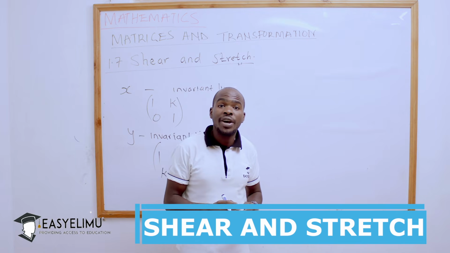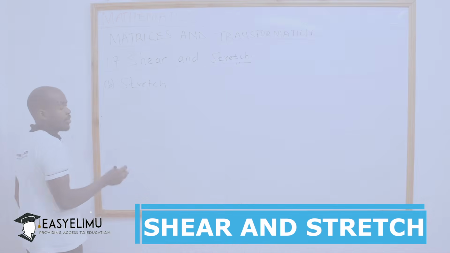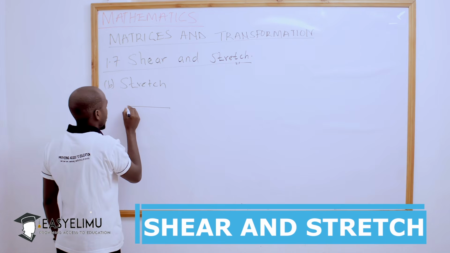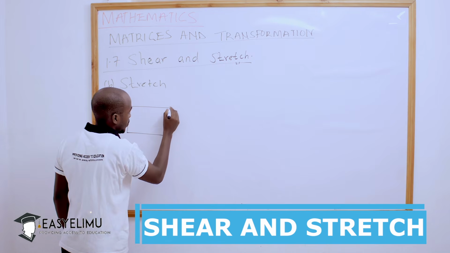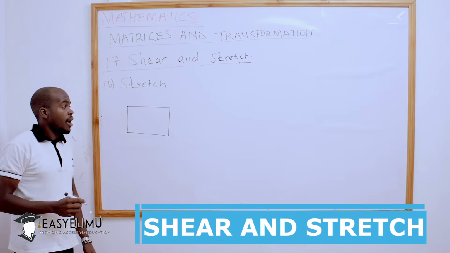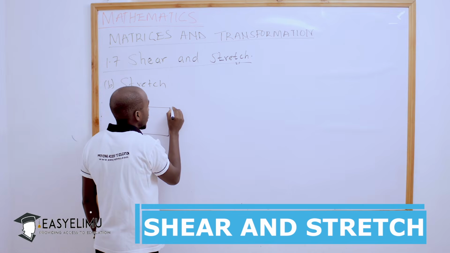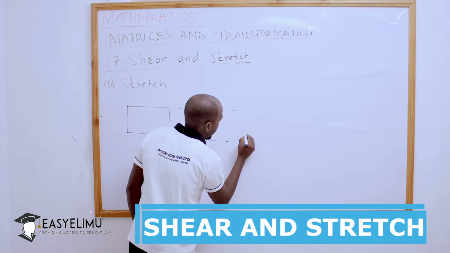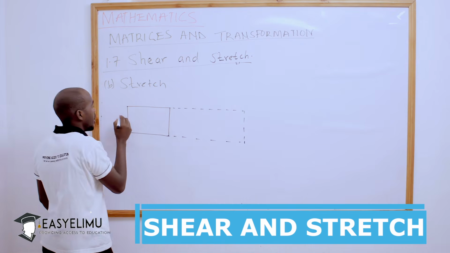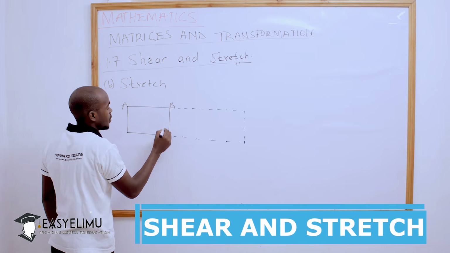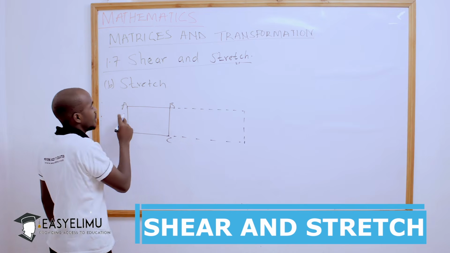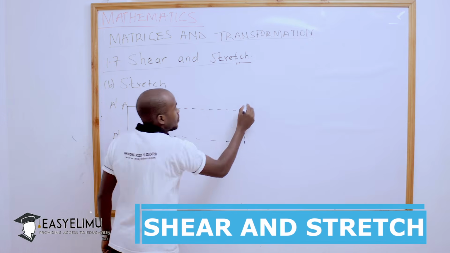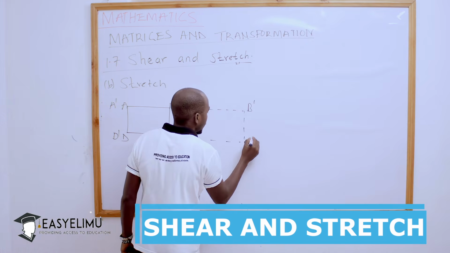Let's see how we can find a stretch. We shall see one of the objects, in case we have this one here. And you find that this object has been extended in such a way that if this one was A, B, C, D, it has now extended to form A prime, B, D prime, B prime, and C prime.